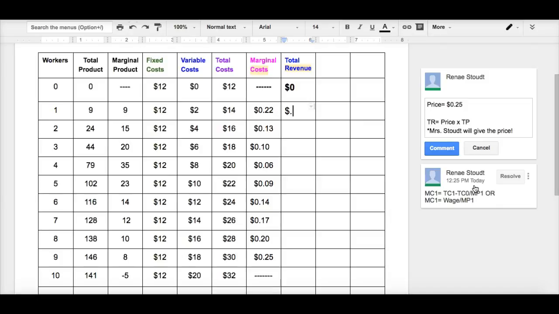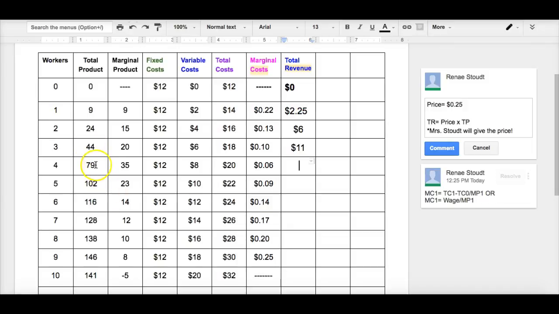At 2 workers, we made 24 airplanes. We're taking it times the price, so 24 times 25 cents will give us $6. At 3 workers, we are taking 44 times 25 cents, and that will give us $11.